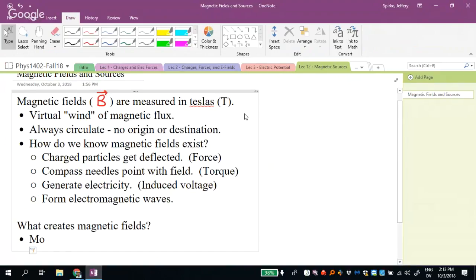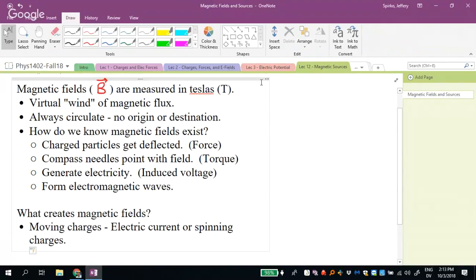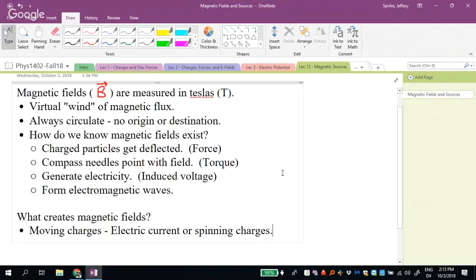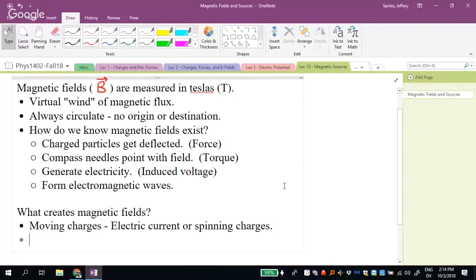Either moving charges can create magnetic fields, which is basically either electric current or spinning charges. And electrons are charges, and electrons do spin. So electrons generate a little bit of magnetism all by themselves. Just their existence generates a little magnetism.